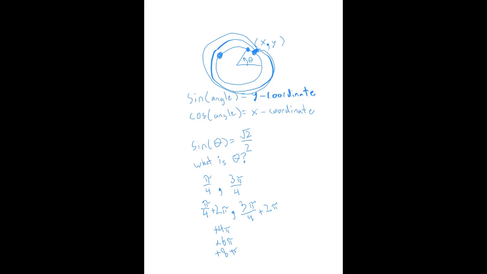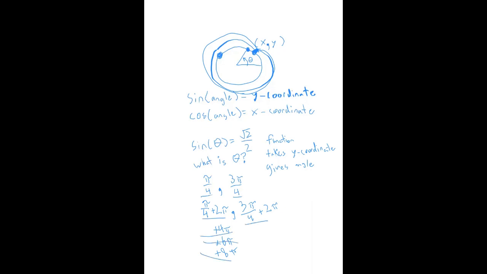So if I want to get some function that takes the y coordinate and gives the angle, a function that undoes sine, I have an issue because if I try and immediately go backwards, I'm getting so many possible answers.